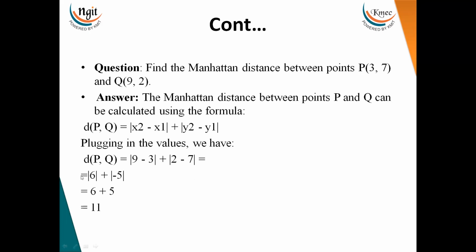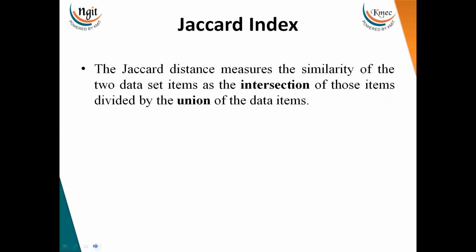When we solve this, the magnitude of the first is 6, and 2 minus 7 is minus 5, but as it is a magnitude, the absolute value of minus 5 becomes 5. So it is 6 plus 5, which is 11. This is my Manhattan distance. If I want to find the absolute difference between two data points or coordinates, we go with the Manhattan distance. I hope it is clear.